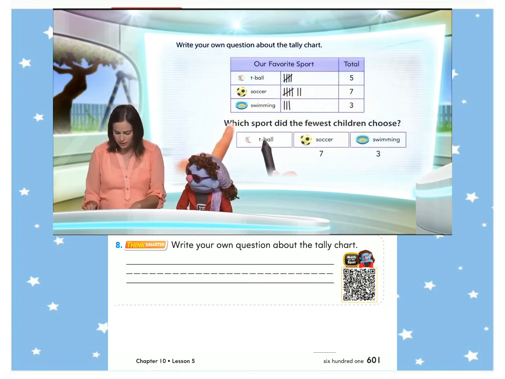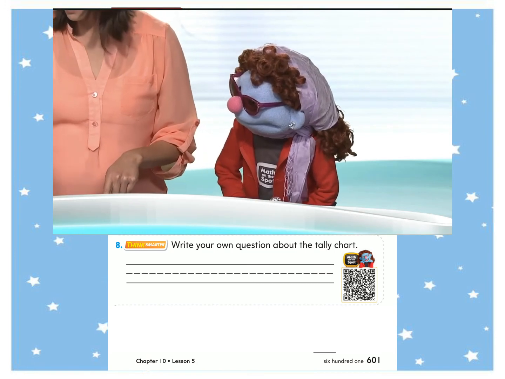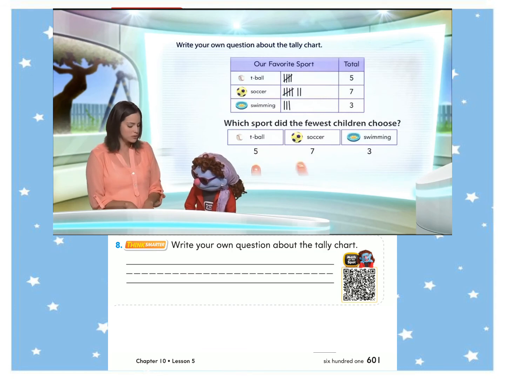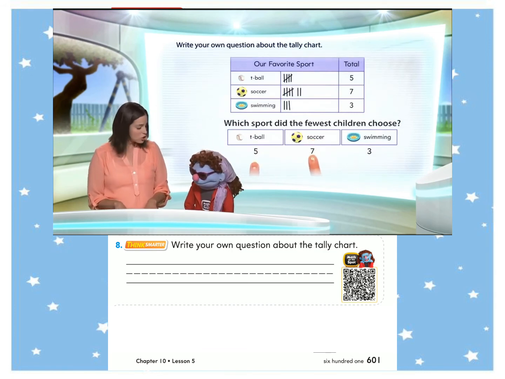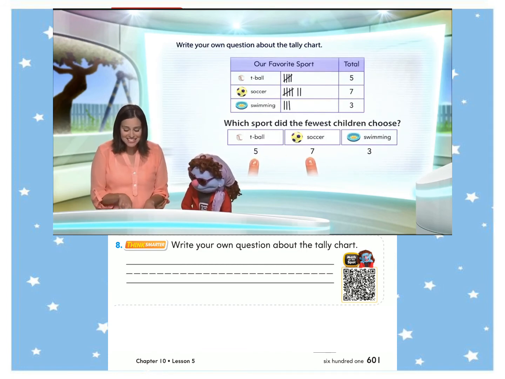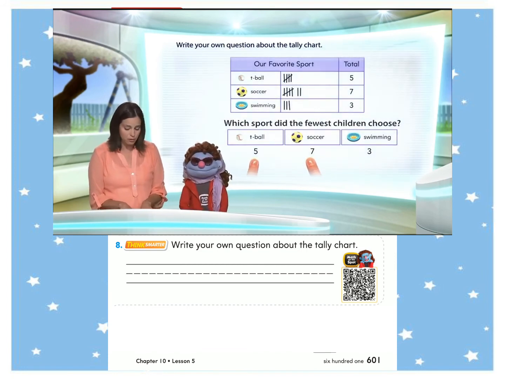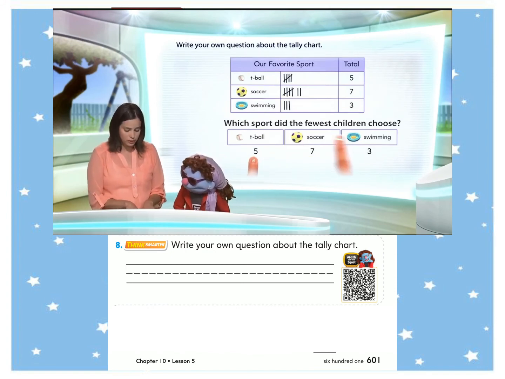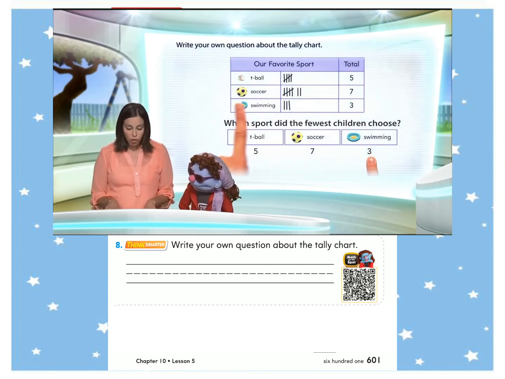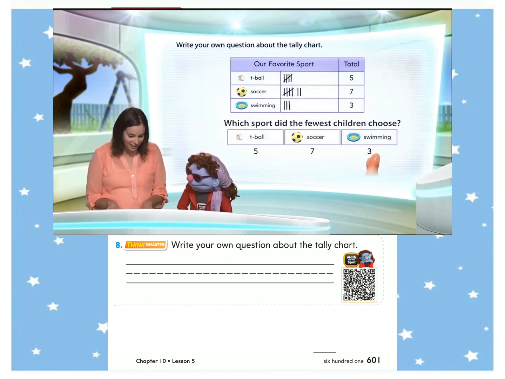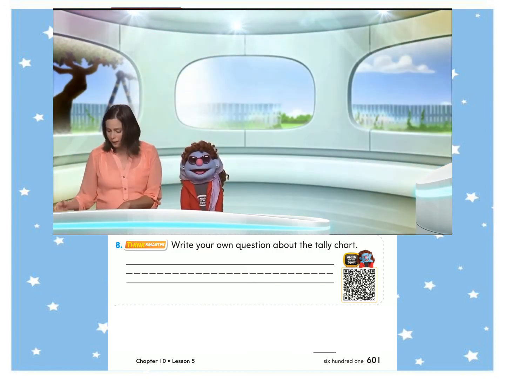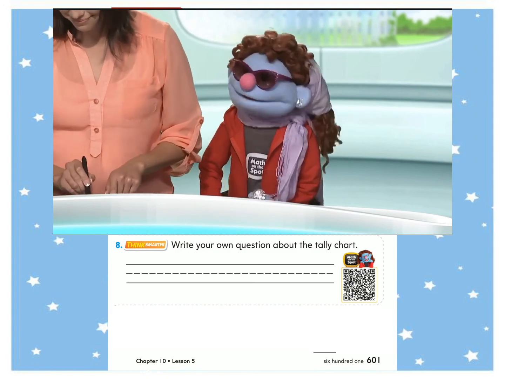I'm just going to organize my information a little better down here. We know that 5 children chose t-ball. 7 chose soccer. Now, 5 is less than 7. And we're trying to find the fewest. So we're going to look at 5 and 3. Now, 3 is less than 5. So the fewest children chose swimming.